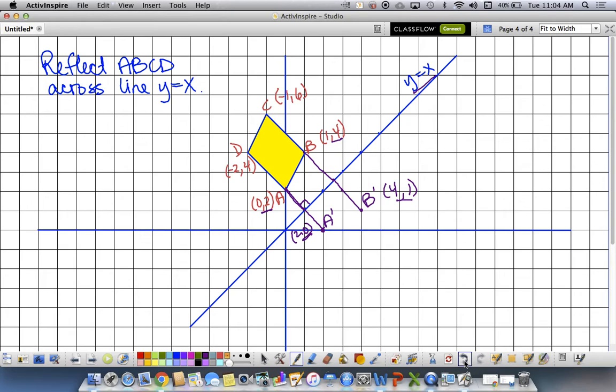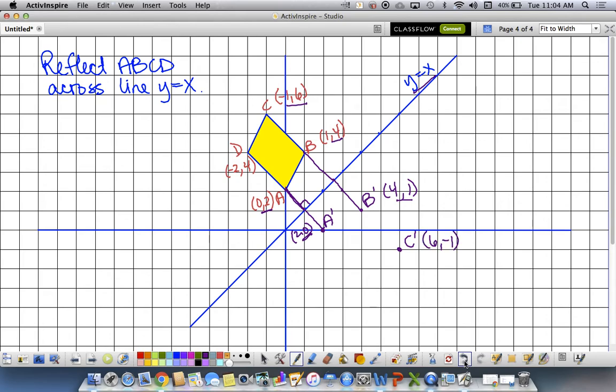So, instead of drawing these lines like I have for A and B, C and D are kind of farther away. Could I simply try to see if I could just reflect and put the point, instead of negative 1, 6, could I go and say, what about 6, negative 1? Does that look like that could be C prime?